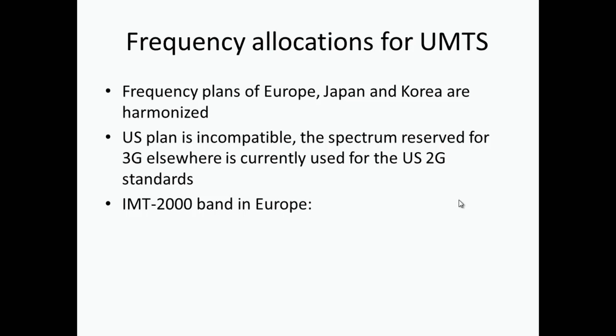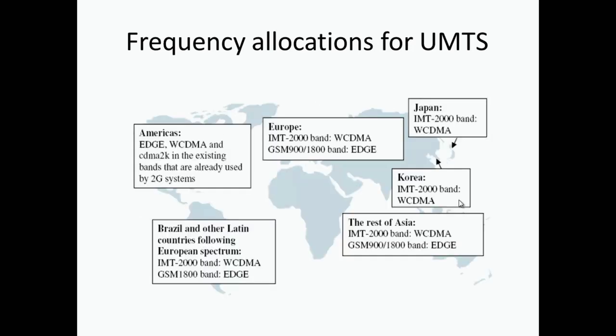Now the overall standard that is used for UMTS is the IMT 2000 band in Europe, but Americans use EDGE, WCDMA and CDMA 2000 in the existing bands, whereas Europe is using the IMT 2000 band, WCDMA, GSM 900, 1800 band, EDGE.